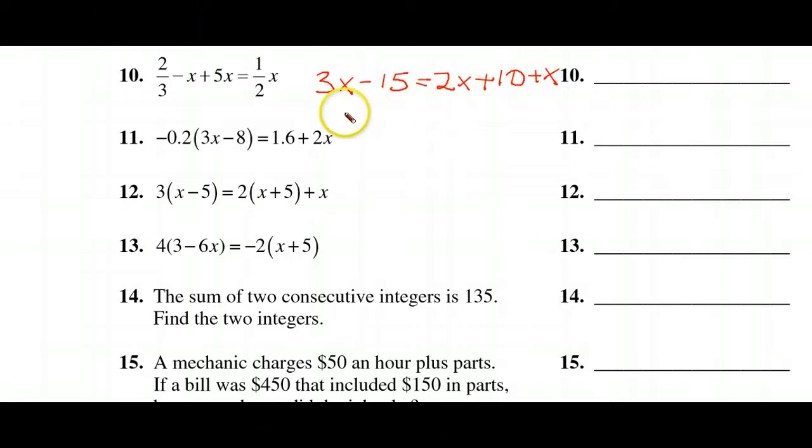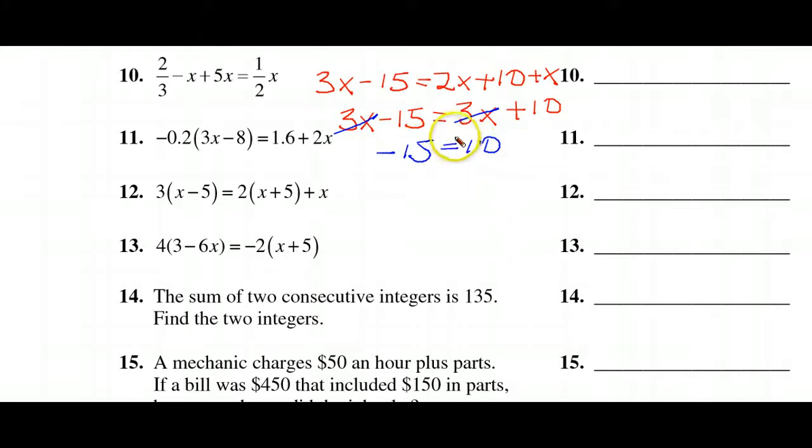Group like terms, I get 3x minus 15 equals 3x plus 10. When I subtract 3x from both sides now, the x's disappear, and I'm left with a negative 15 equals 10. Is this a true statement?